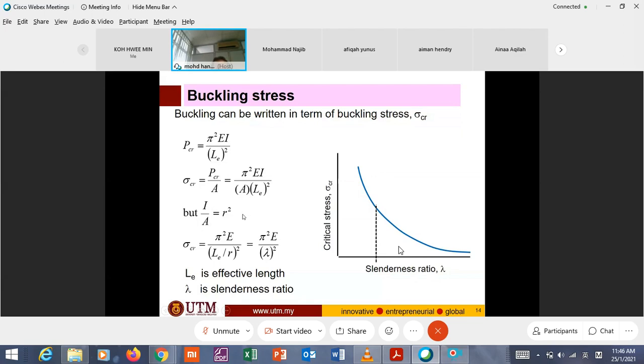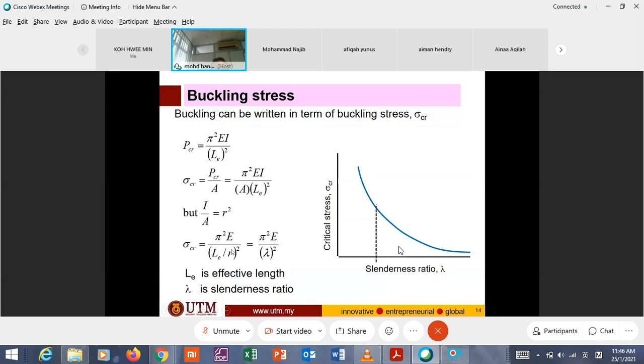Radius of gyration, you got it? Or you can refer to a textbook. r is the radius of gyration, equal to the square root of I over A, and r squared equals I over A. Substitute r into here, then you'll get this formula.